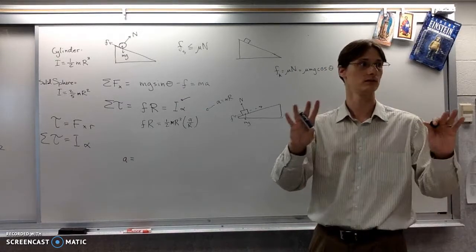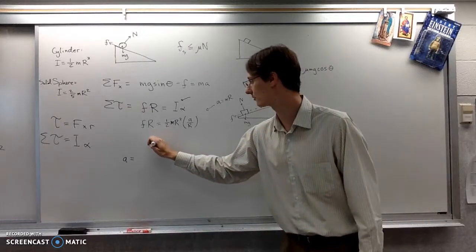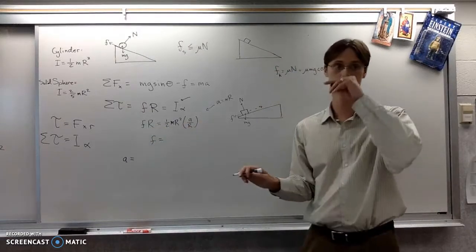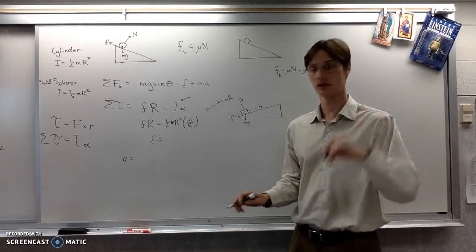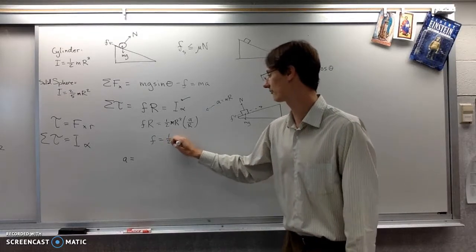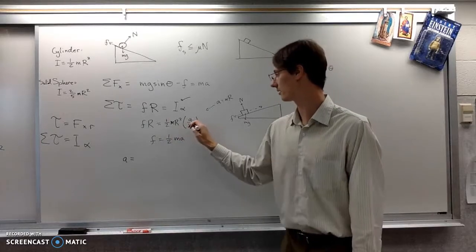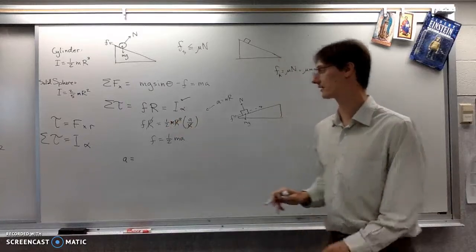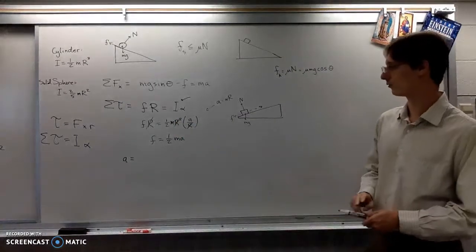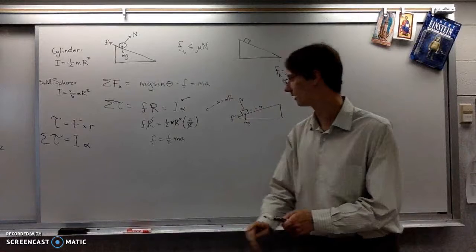So what did the friction force work out to from this equation? It's 1/2 m a r squared over r squared, right? This cancels one of them, the other r cancels entirely. So 1/2 ma.